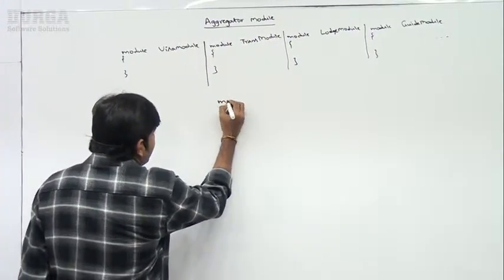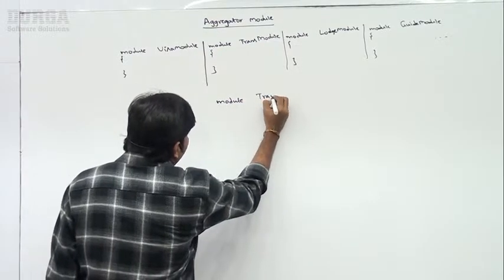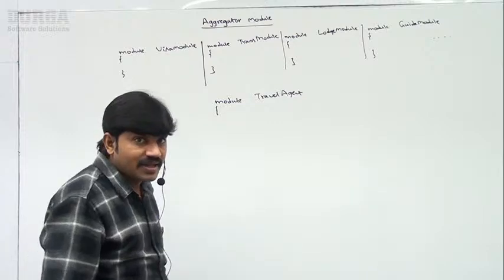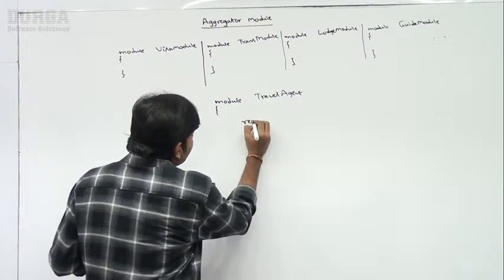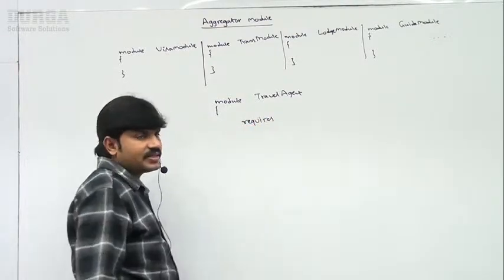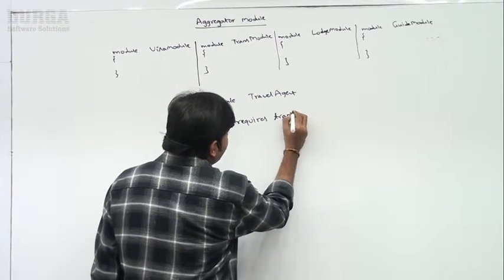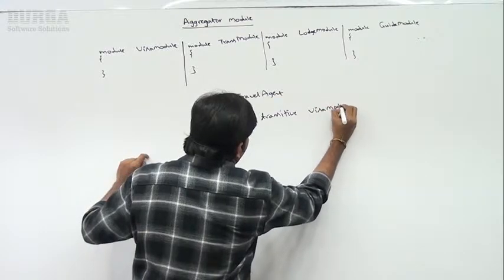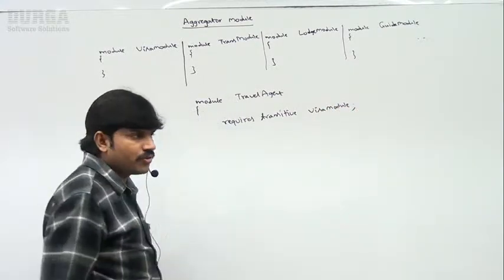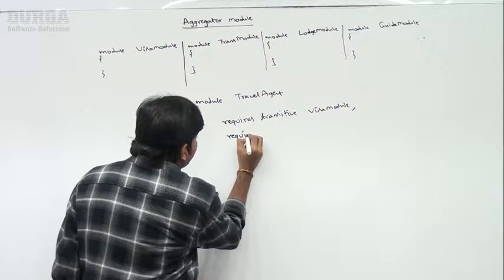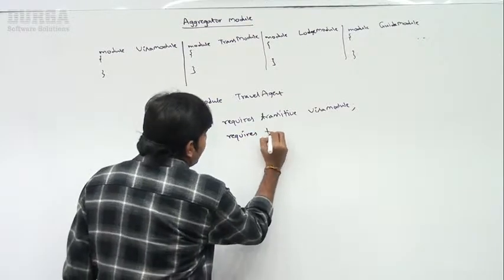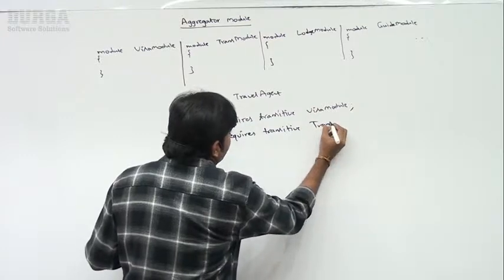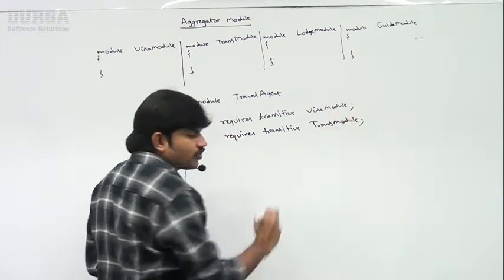I'm taking module travel agent. Now, what am I writing? Requires transitive. What is the first module? Visa module. Requires transitive visa module. Next, requires transitive trans module, the transportation module.